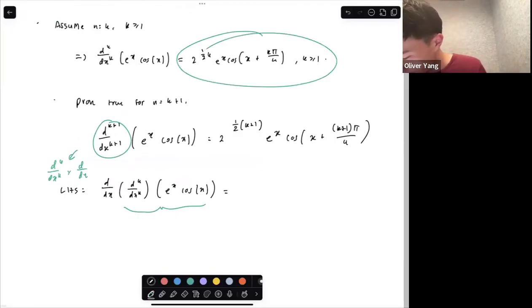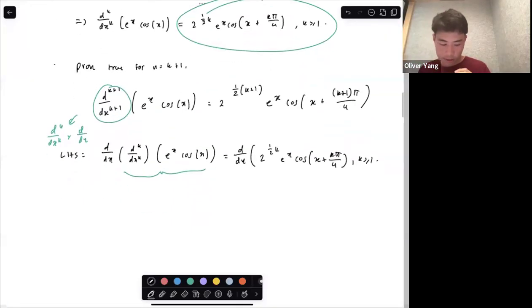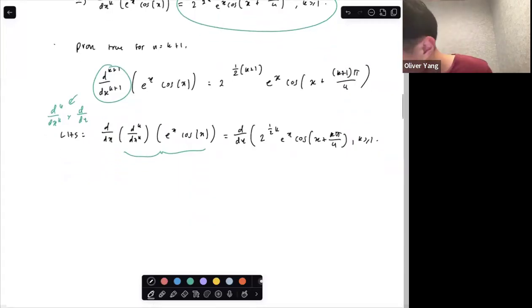So we're going to basically slot that in. Our left-hand side would equal d/dx of 2 to the half k e^x cos(x + kπ/4), k is greater than 1. Okay, and then let's just complete the derivative here.